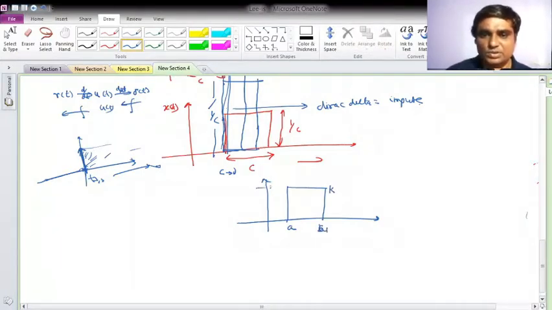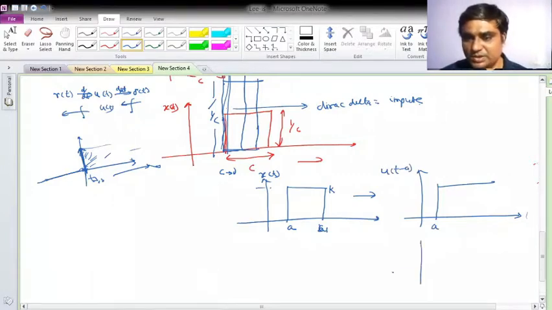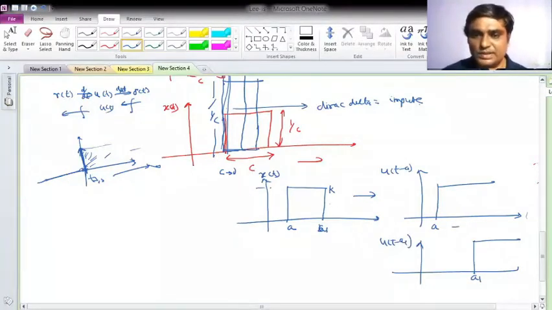Okay, so if I would like to give this to my circuit, this is not readily available. So what I can do is have two unit step functions. One starts from a, which will be u of t minus a, and the second starts from a1, which will be u of t minus a1, right? And if you subtract them, you will get this function.